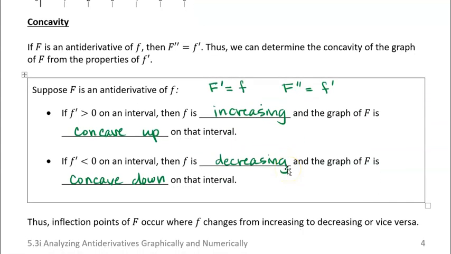And we have an inflection point in the antiderivative, capital F, where f changes from increasing to decreasing, or vice versa, right? So basically at the maxima or the minima of f, lowercase f.